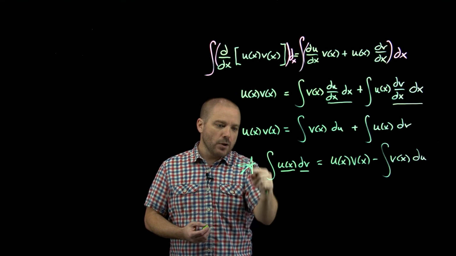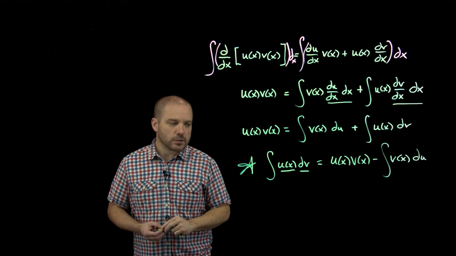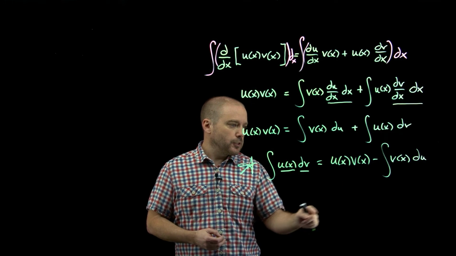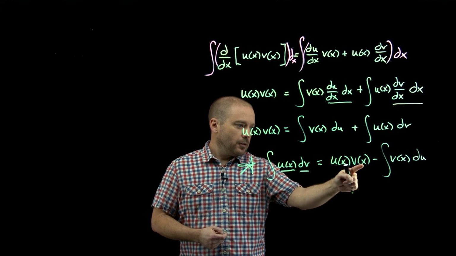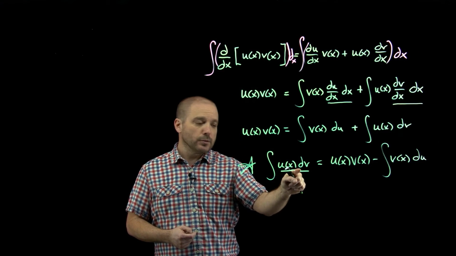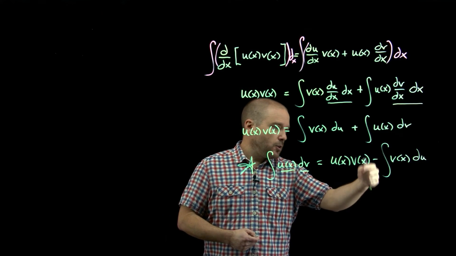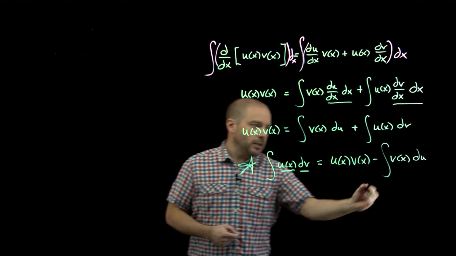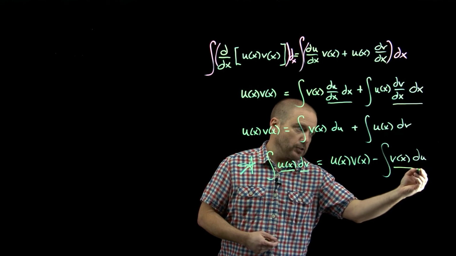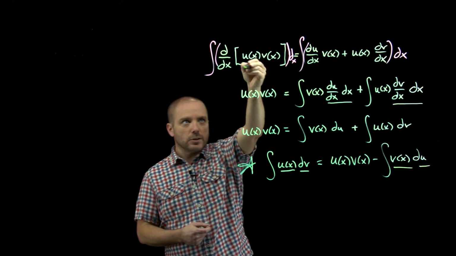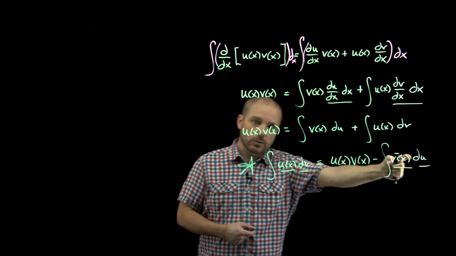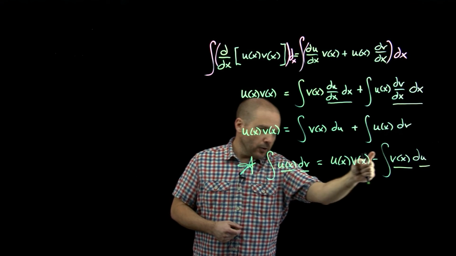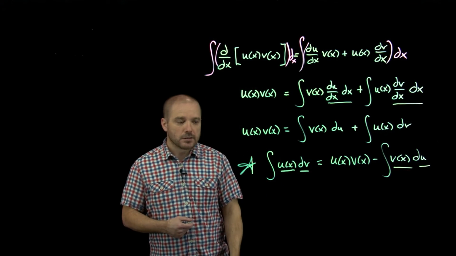So it's saying if you have an integral with a product of two functions, it's equal to that first function times v, which this would be its differential, minus this new integral that involves v and du. Remember, v is a function of x, but what is du? du is u's differential, so that's a product as well. So you're starting with an integral of a product, and you're ending with an integral of a product.